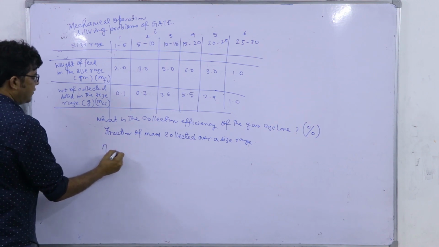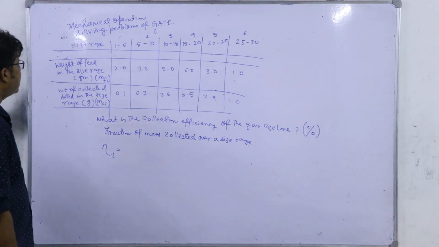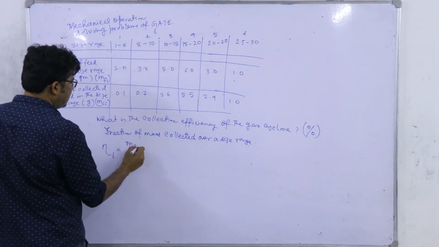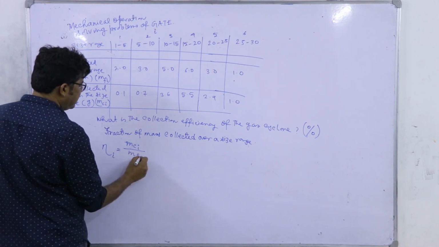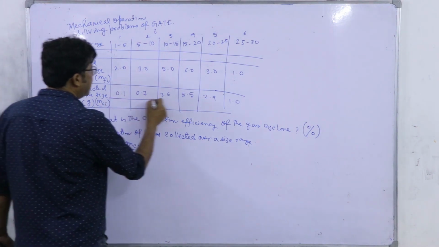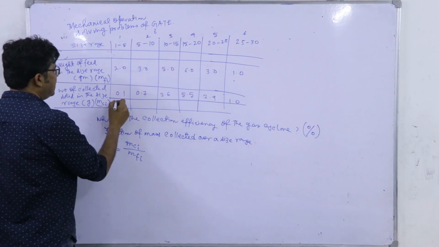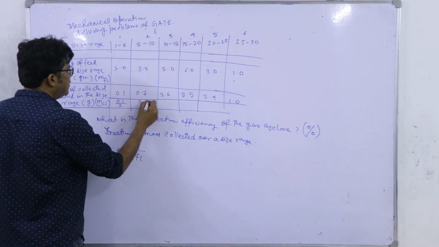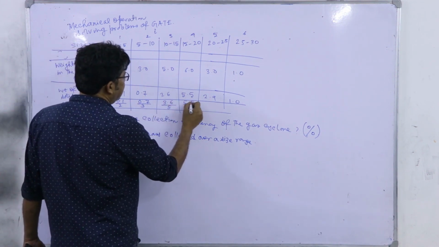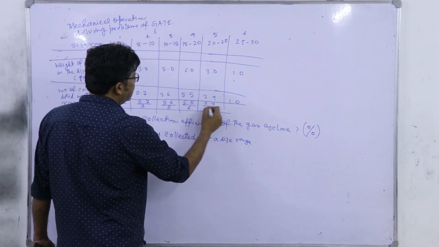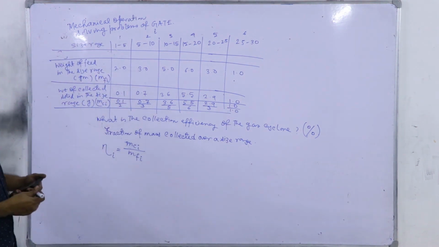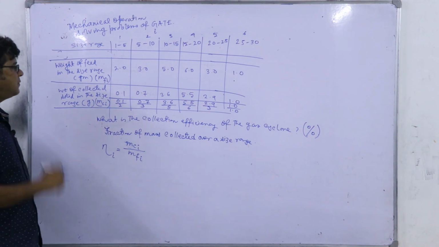So, eta I for an individual fraction we can calculate as collected mass divided by mass in the feed. Like 0.1 divided by 2, 0.7 divided by 3, 3.6 divided by 5, 5.5 divided by 6, 2.9 divided by 3, 1 divided by 1. So, individually we can calculate the collection efficiency.